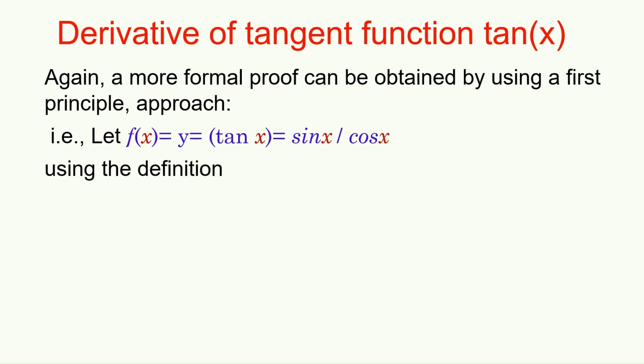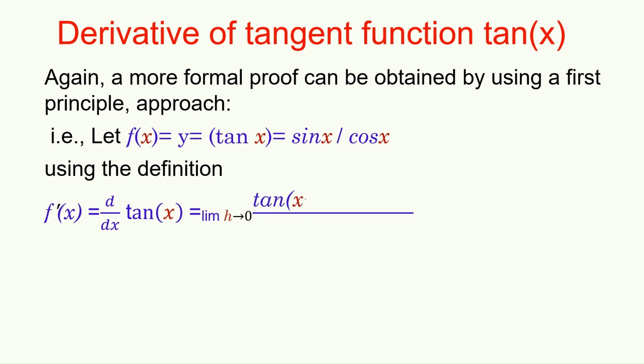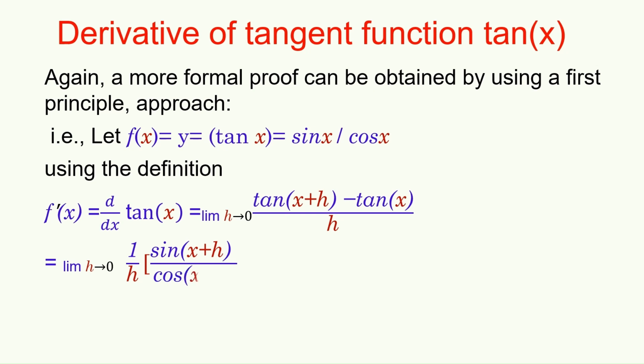Using the definition, f'(x) = d/dx tan x = limit as h tends to 0 of (tan(x + h) − tan x)/h = limit as h tends to 0 of 1/h in bracket sin(x + h)/cos(x + h) − sin x / cos x.